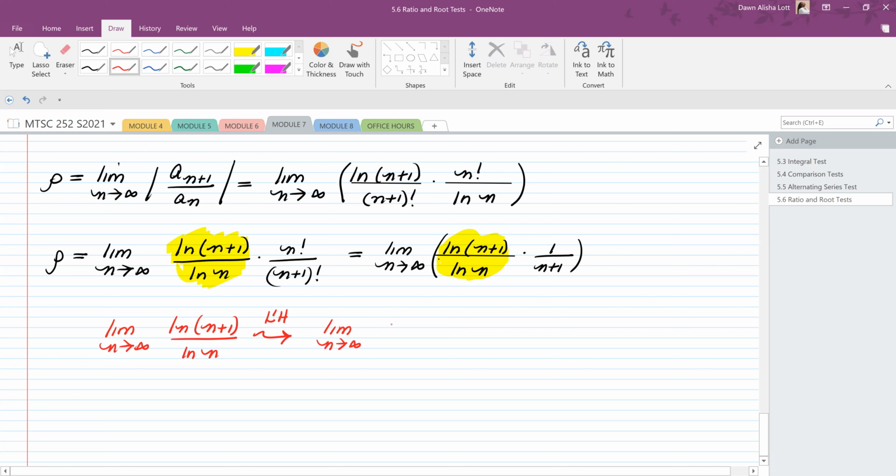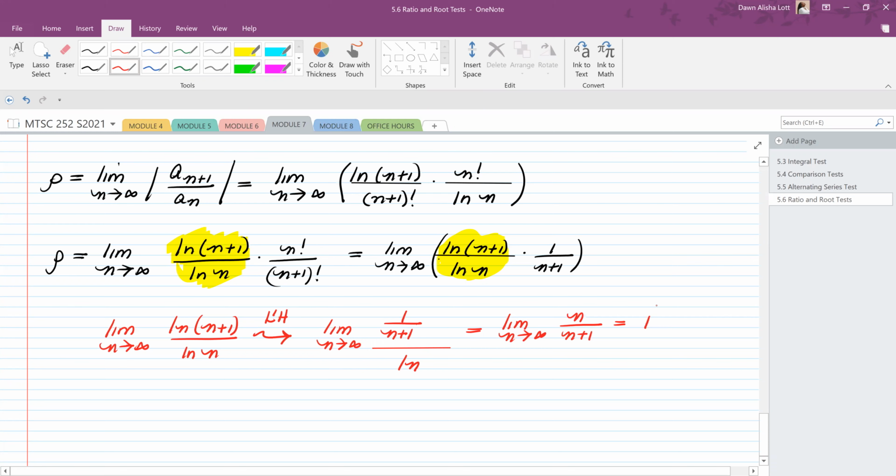The derivative of the top is 1 over n plus 1, and the derivative of the bottom is 1 over n. So this is the limit as n approaches infinity of n over n plus 1, and that's just 1. You can use L'Hopital's rule again and get 1.